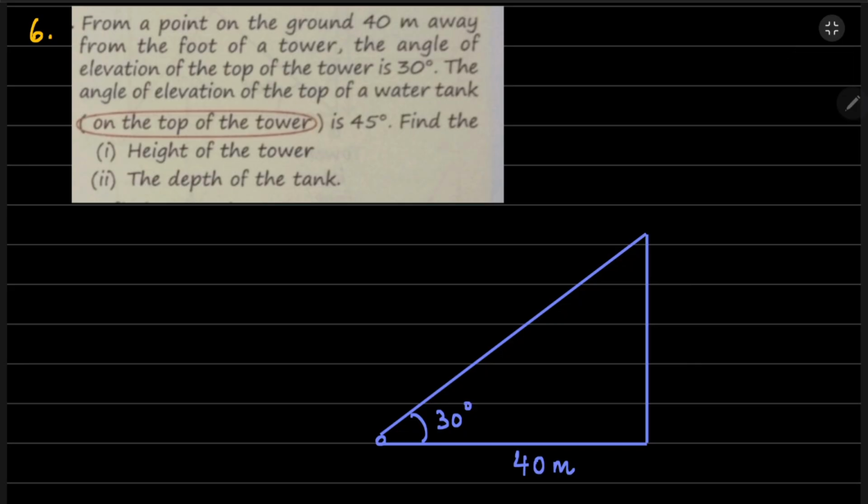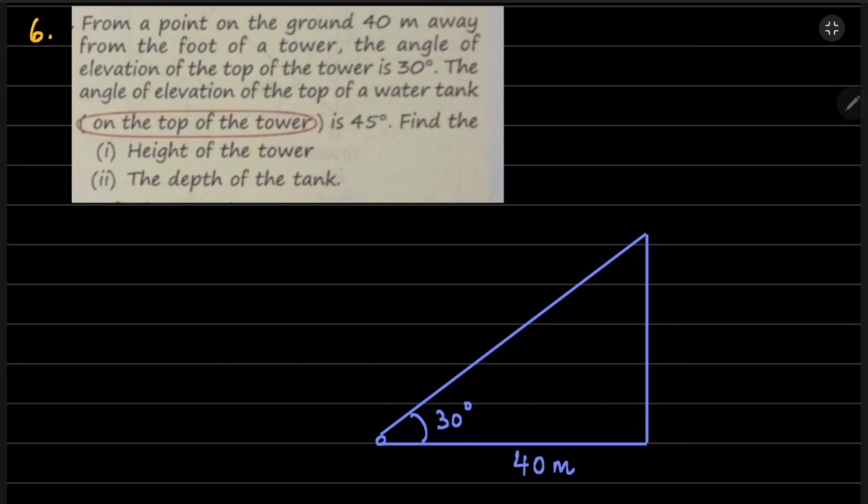The angle of elevation of the top of a water tank. Okay, let's read it again. From a point on the ground 40 meters away from the foot of the tower, this is your tower. The angle of elevation of the top of the tower is 30 degrees. The angle of elevation of the top of the water tank on the top of a tower. So what are you given?